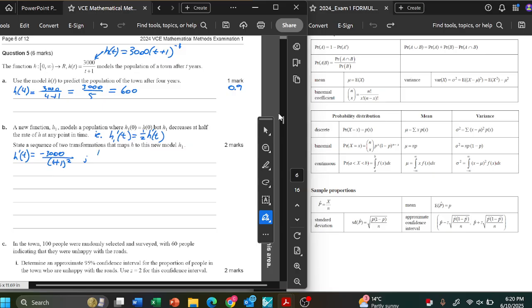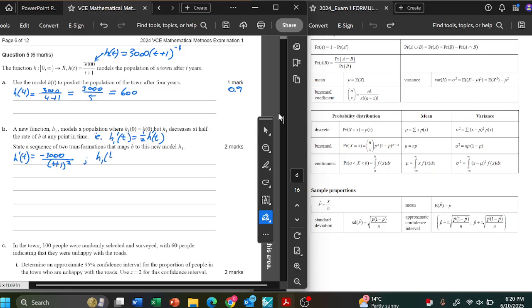Because h1 is equal to half of h, the derivative of h1 is equal to half the derivative of h. The derivative of h1 is going to be equal to negative 1,500 divided by t plus 1 squared. Okay, and then we need to use that to work out what h1 is equal to.